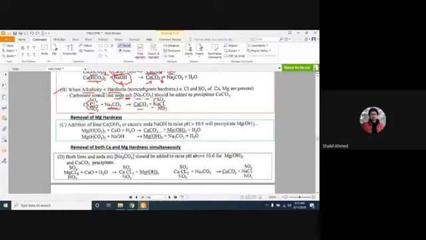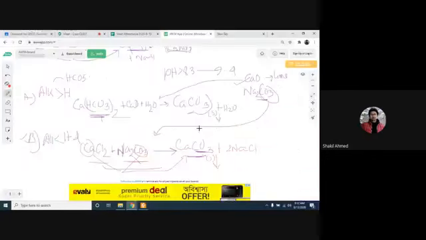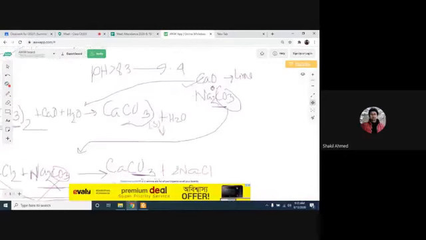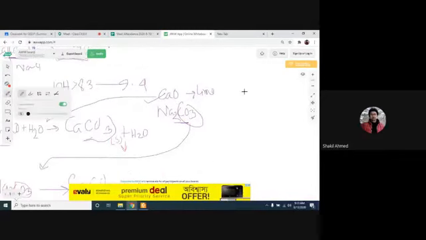So now, removal of magnesium hardness: addition of lime or caustic soda. Listen, lime can also be represented like this. If you add lime in water, calcium oxide plus H2O, it gives you calcium hydroxide. So lime can also be represented as calcium hydroxide.